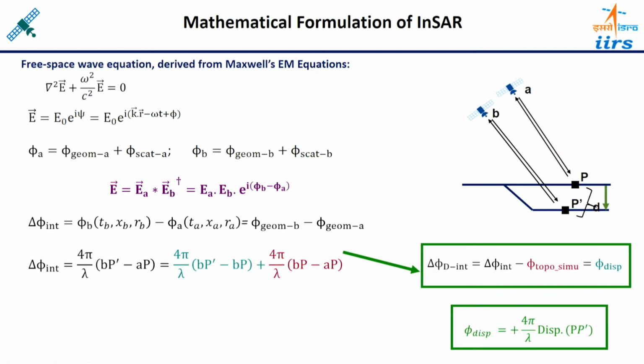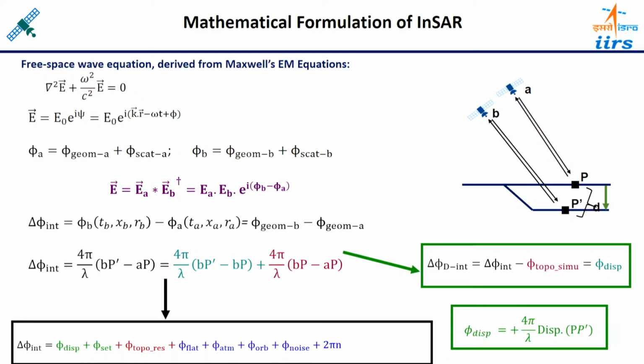But if we do not ignore those terms, then we will get something else also. The interferometric phase is not only the sum of the displacement phase and the topographic phase, it is more than that. So what is more? That is shown in this particular equation.